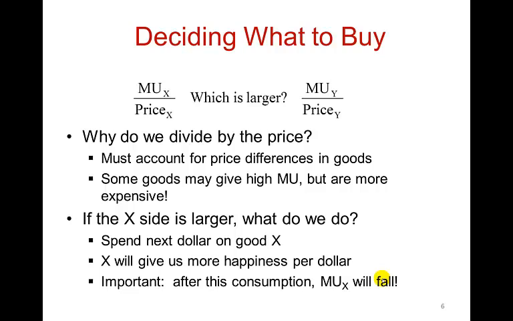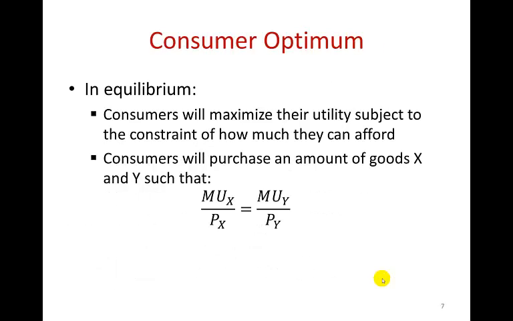If I buy a little bit more of good X, then the marginal utility of good X is going to fall. We'll talk a little bit more about that later. And eventually what I get to is this equilibrium point. If a consumer is maximizing their utility, maximizing their happiness subject to the constraints that they face, then they're going to purchase goods such that this ratio is the same for all of the goods.